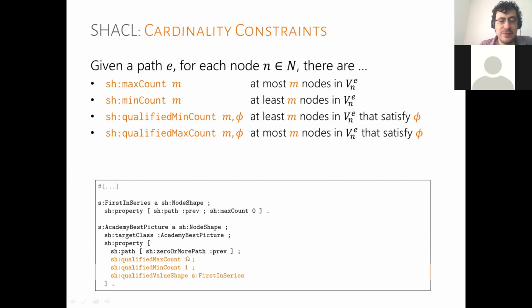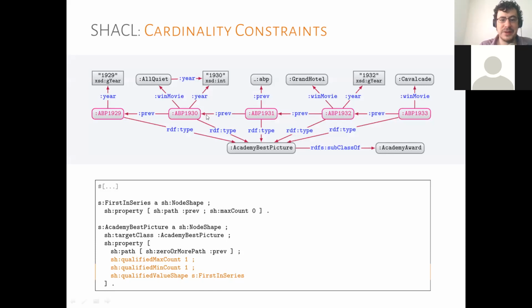So it has precisely one node on a 0 or more path of previous. So it's connected recursively by previous to at most one first in series. So there must be at most one node that satisfies this shape here, which essentially says that it doesn't have anything before it. So this is kind of intuitive if we expect it to be a line, right? To be a line graph where we just have previous, previous, previous, previous, and so forth.